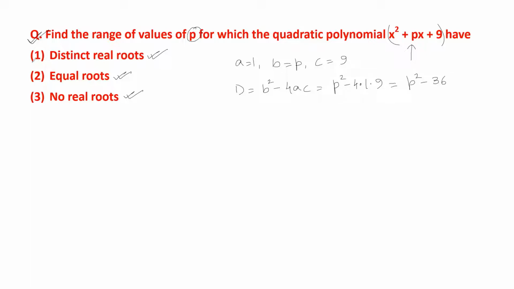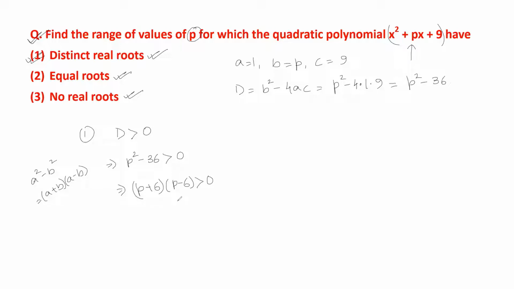Now, to find the distinct real roots, we know that the discriminant would be greater than 0. So that means p square minus 36 would be greater than 0, which would give us (p plus 6) into (p minus 6) greater than 0, as a square minus b square is (a plus b) times of (a minus b), and 36 is 6 square.